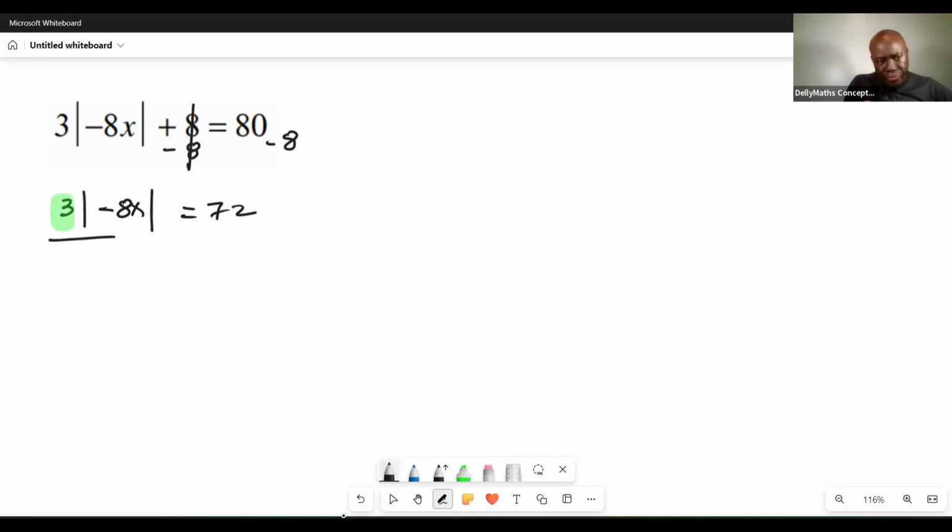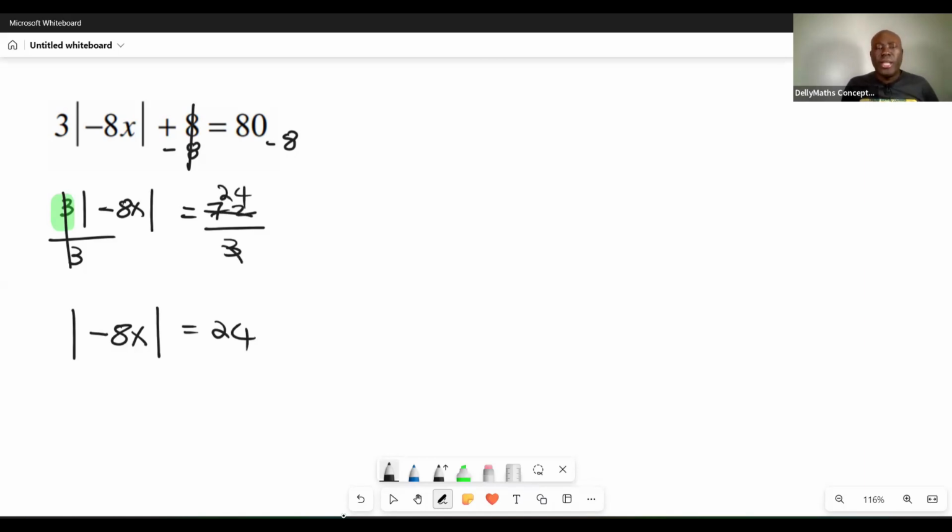So we have to divide by 3 and balance by dividing the other side by 3. As you could see, it cancels itself there. So we're going to have our absolute value of -8x equal to +24. And that's when 3 is divided into 72.